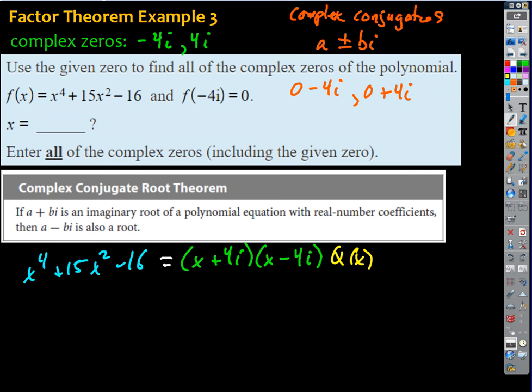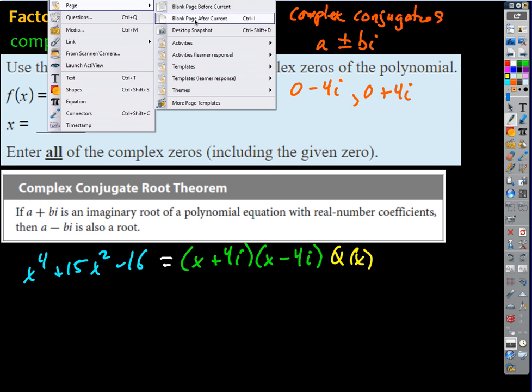If I take complex conjugates, just do this totally generally. If I do a plus bi times a minus bi, this is the product of a complex conjugate pair. What am I going to get if I expand this out? We know this is our conjugate pattern, where I'm going to get the first term squared minus the second term squared.